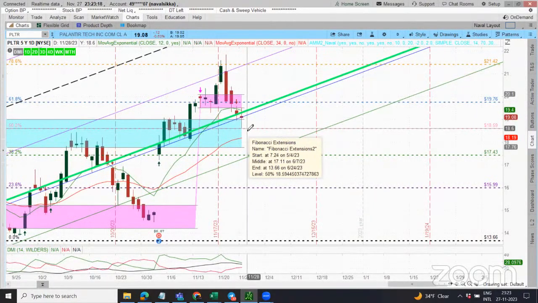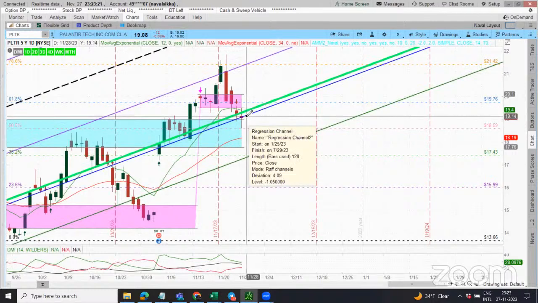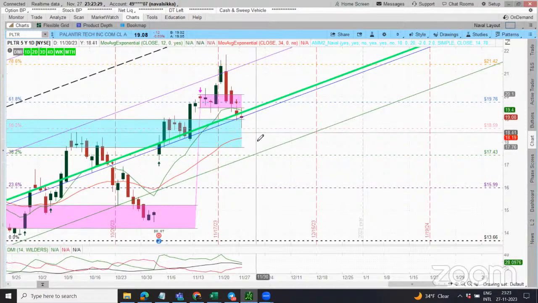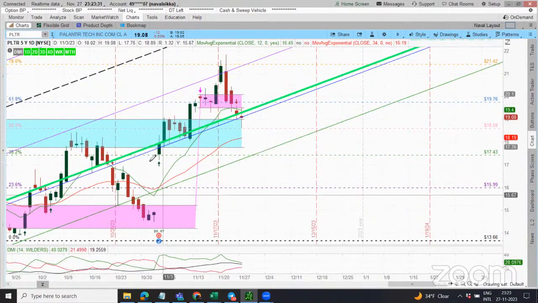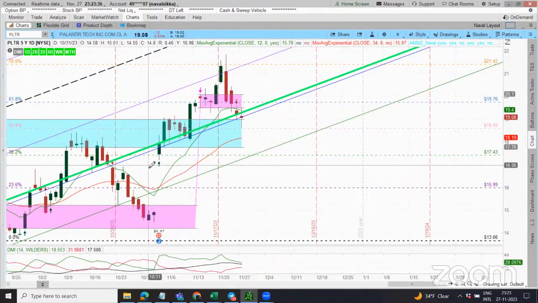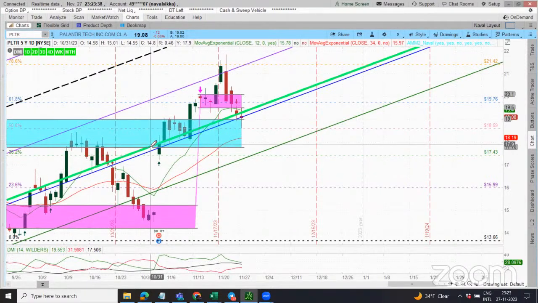It almost came to the 50 Fibonacci, then bounced. If it can clear 1940, there may be a bounce. Otherwise, it's going down towards the gap. And if the market gets weaker, this will be sold off. Yeah, that makes sense. It's a high beta name.